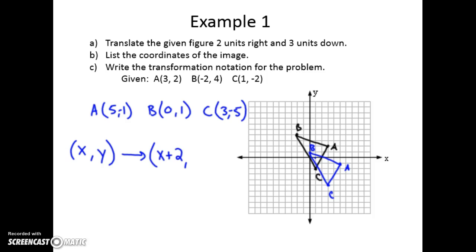And then 3 units down, which would be y minus 3. Another way to get this translation would be to plug in your original with your transformation rule. So if I plugged in this point, 3, 2, 3 plus 2 is 5, and then 2 minus 3 is negative 1. So we can check them all that way if we'd like.